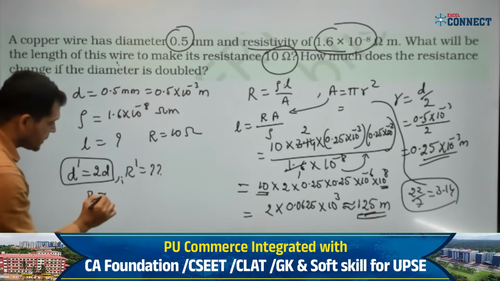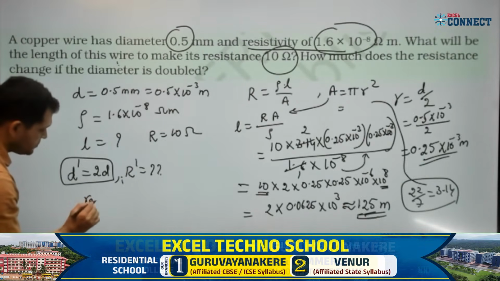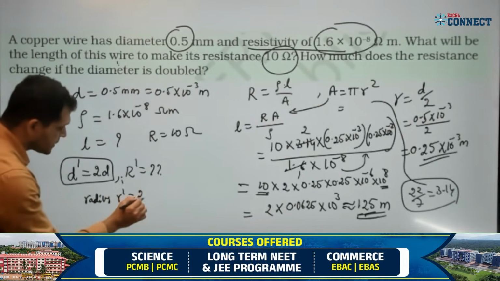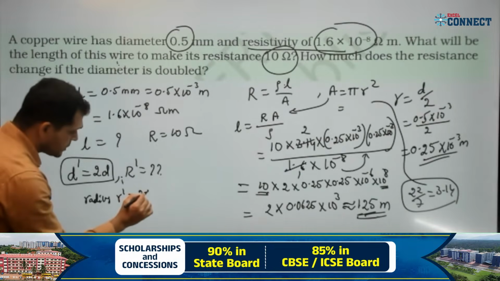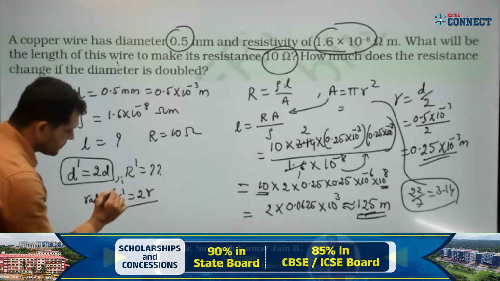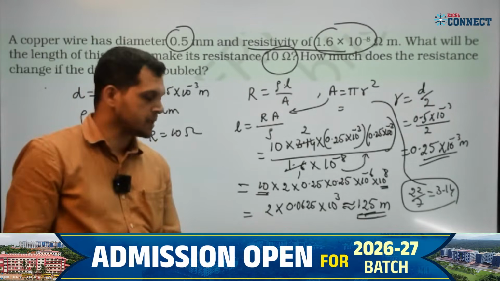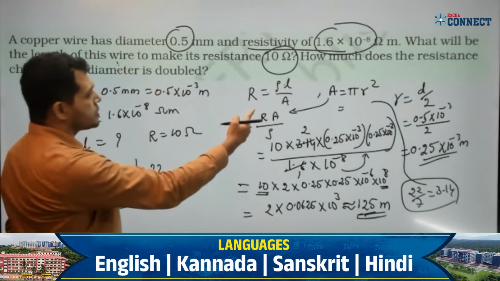That is, radius r dash becomes 2 times the initial radius. Diameter doubles means radius also doubles. Correct? If the radius doubles, what is the relation between resistance and radius?